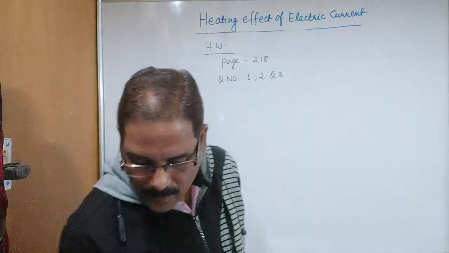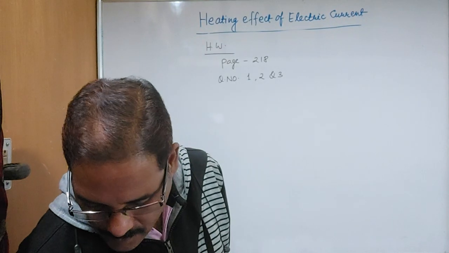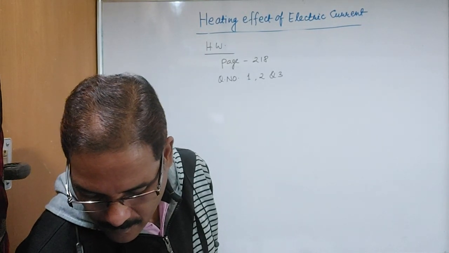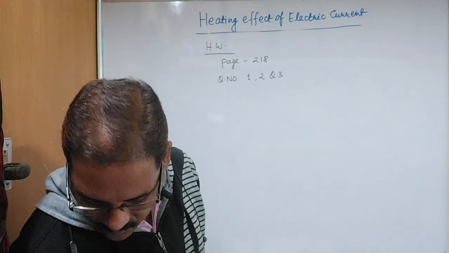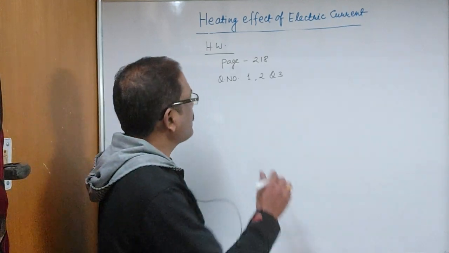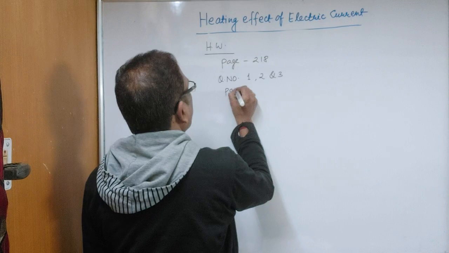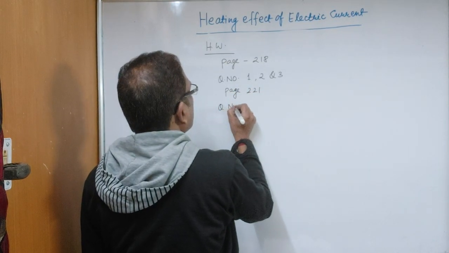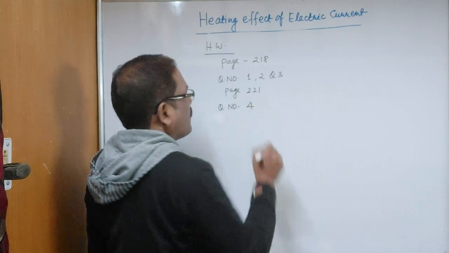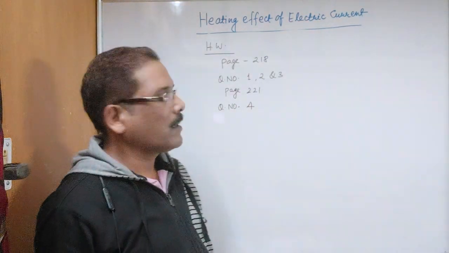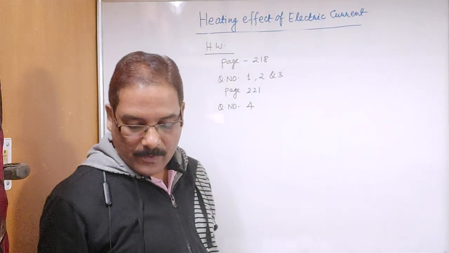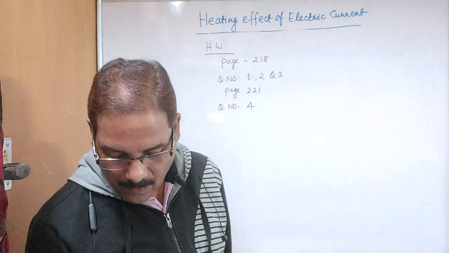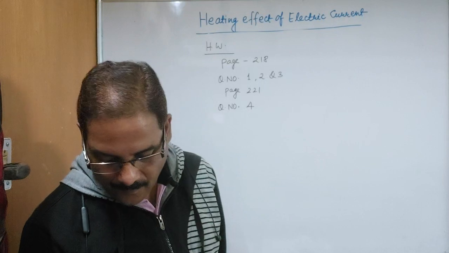And there was a good question, question number 4, page 221. Question number 4 is an objective question, but I want to see the working, not only the options you will write.